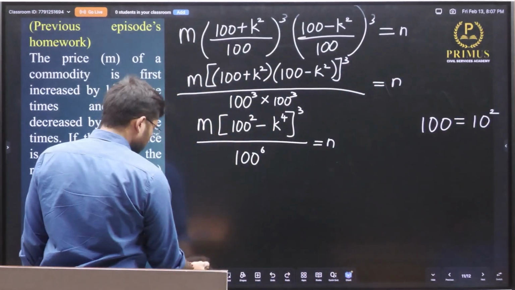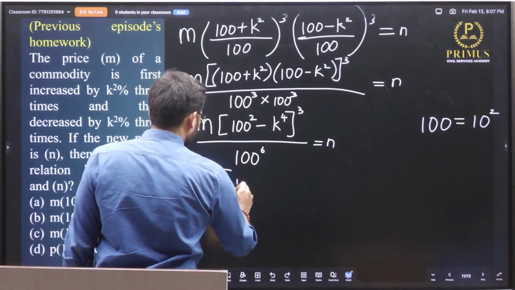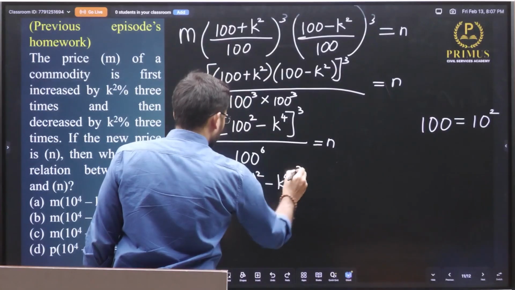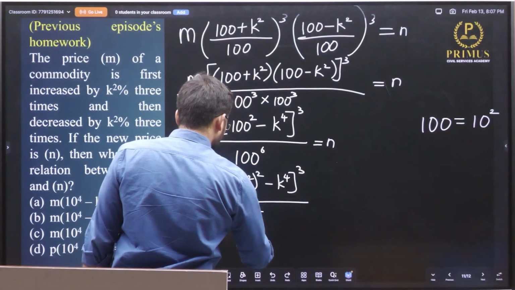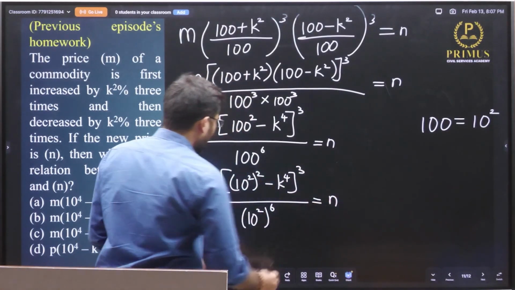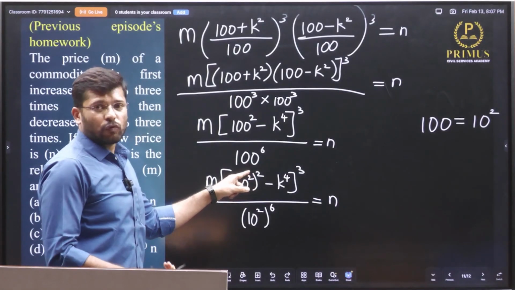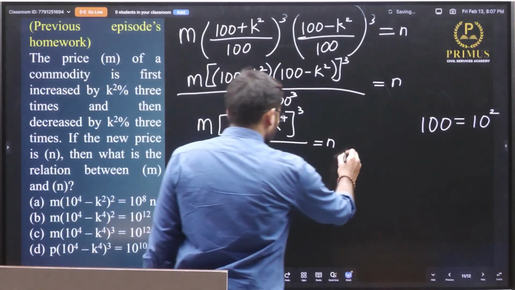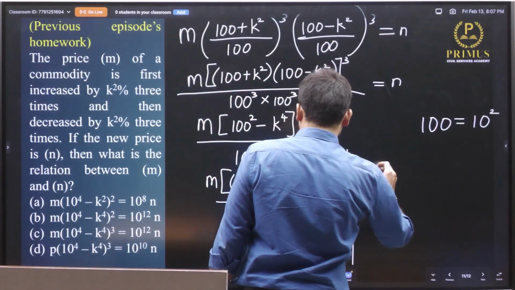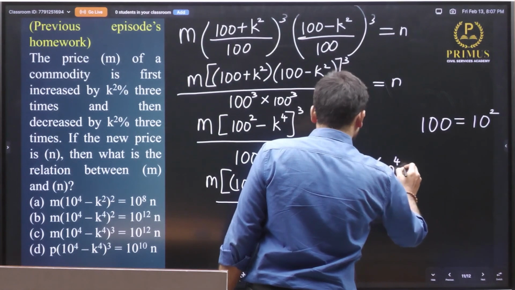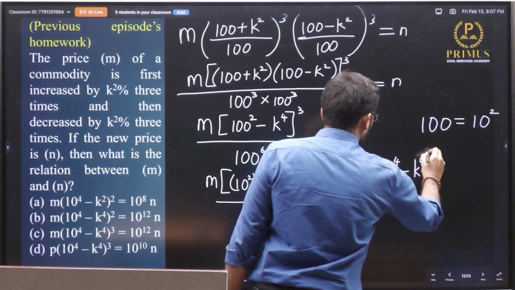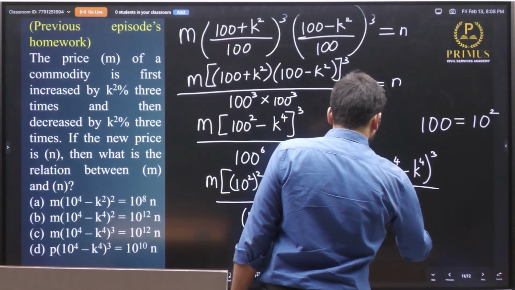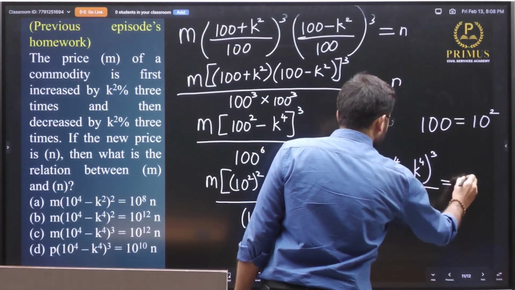So if we apply it here, M into 10 square whole square minus K power 4 whole cube divided by 10 square whole power 6 equals N. Again, 10 square whole square will be 10 power 4, and 10 square whole power 6 will be 10 power 12. So this will be M into 10 power 4 minus K power 4 whole cube divided by 10 power 12 equals N.